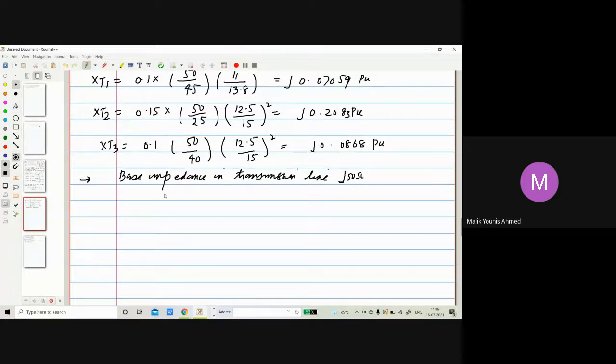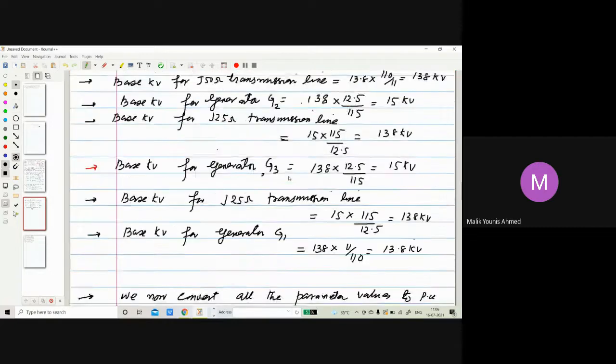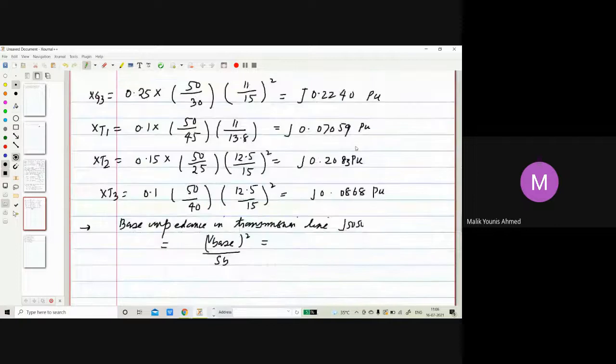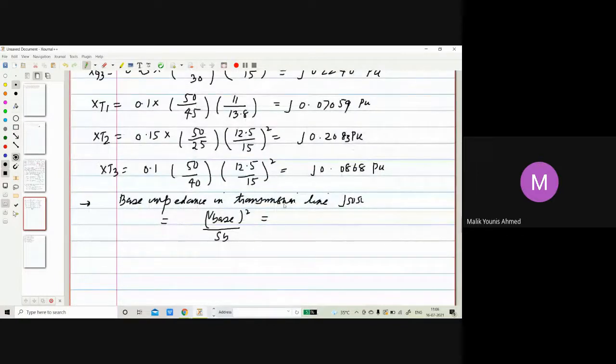So the base value is what? We know already that Z base, single phase, is V base whole square divided by S base. For the j50 line, base kV is 138. S base new we already know is 50 MVA. So this is the base value.